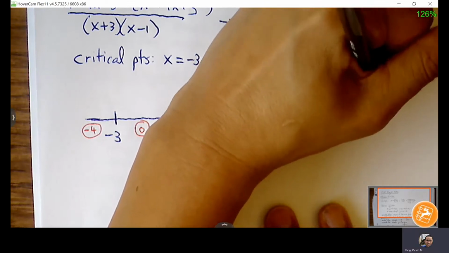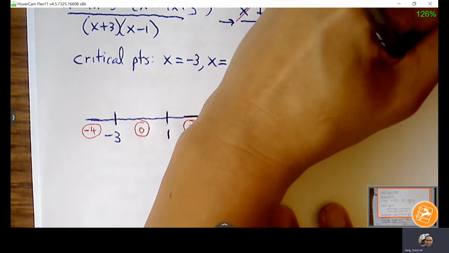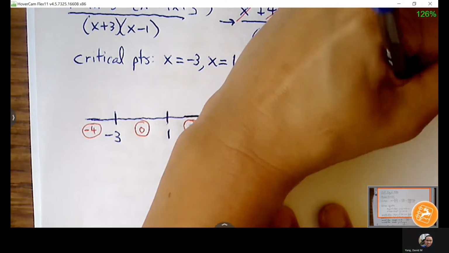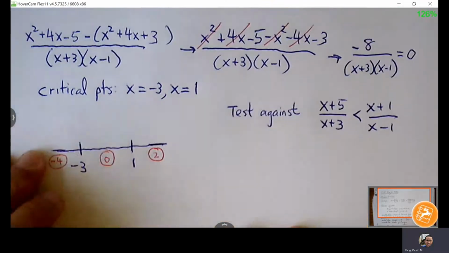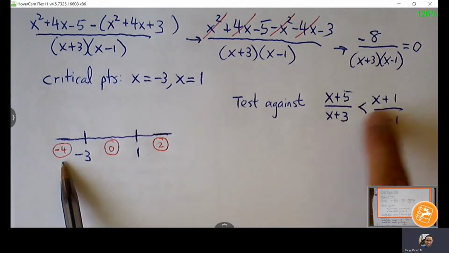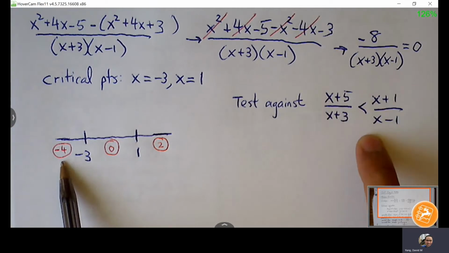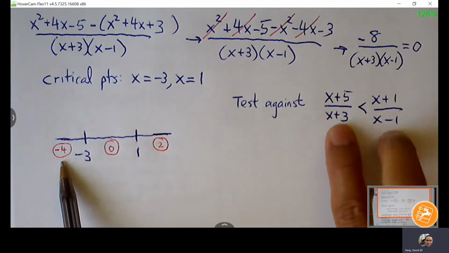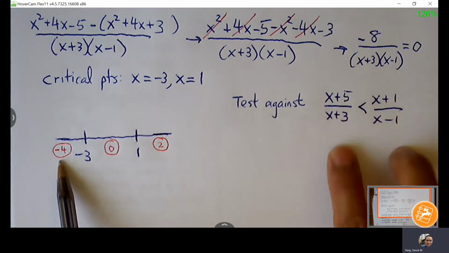I'm going back to my original problem. I'll start with -4. I'll plug -4 in for x and see whether that's a true or false statement.